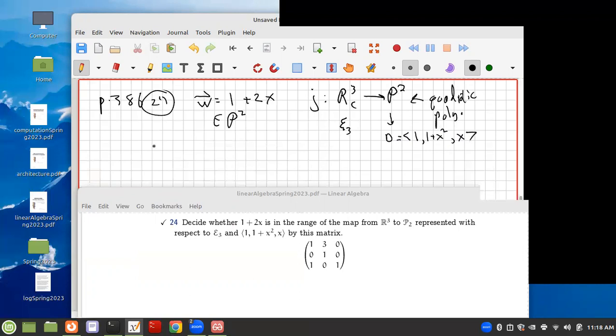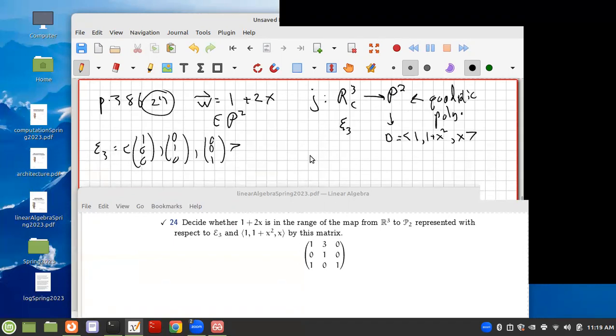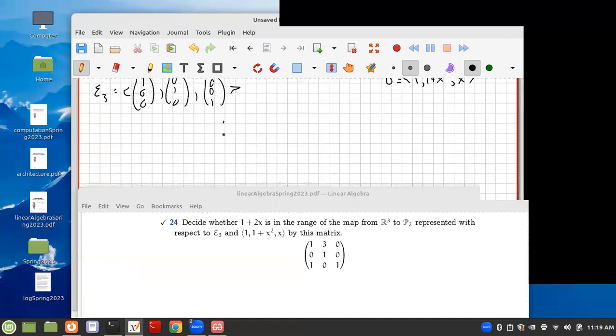The map is given by the matrix J with rows (1, 3, 0), (0, 1, 0), and (1, 0, 1).